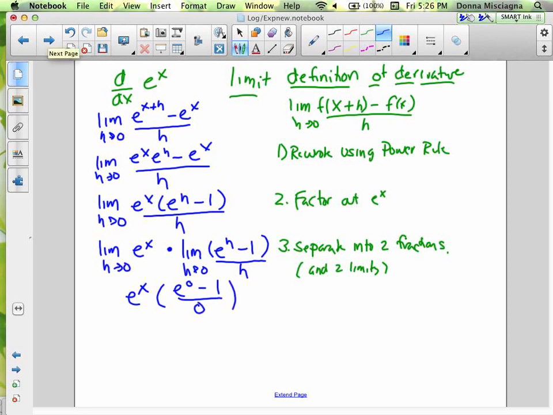And let's simplify that. We've got now e to the x times, well, e to the 0 is 1, minus 1 over 0. And that would be e to the x times 0 over 0. And if you tell me that's 0 or e to the x or does not exist, I swear I will cry.